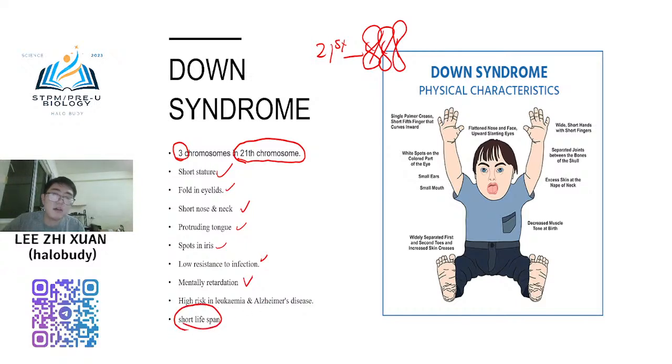Nowadays already have high technology medicine, so I think they can survive until 50 or 60 years old pun okay lah. Tapi unless you get the medical treatment lah. Kalau awak tak buat rawatan langsung, memang short lifespan.